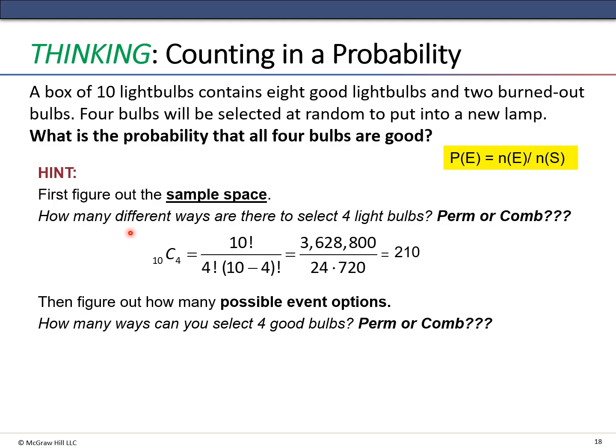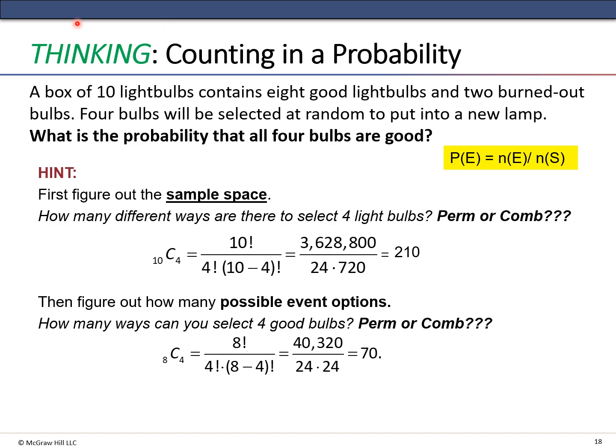Well, we can see from the problem that 8 are good. So we're just going to select from the 8 good light bulbs. How many different groupings can we select? And again, putting them in different order doesn't change things. So this is simply a combination of 8 good light bulbs, and we want 4. How many different combinations are there? And in this case, there are 70.